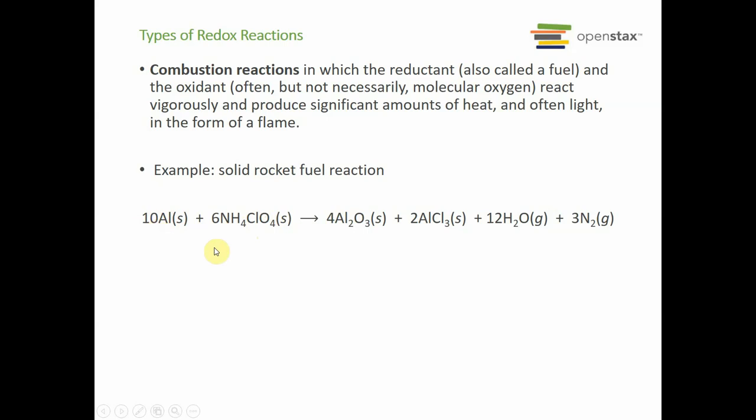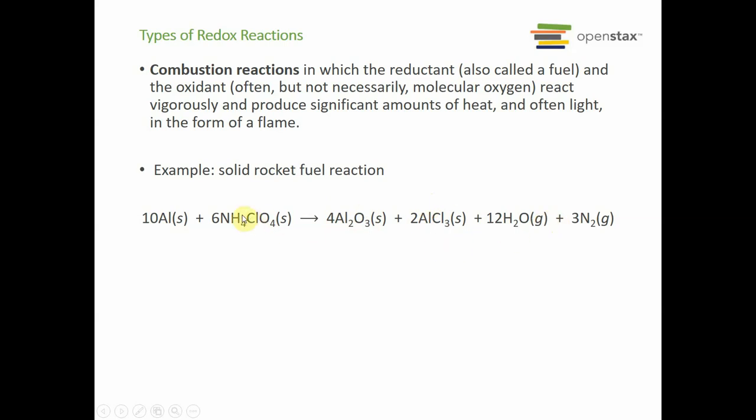And so the solid aluminum goes from an oxidation state of 0 to this oxidation state here, where 3 times minus 2 is minus 6, and then you divide that by 2. So aluminum has a plus 3 oxidation state. It also has a plus 3 oxidation state here.